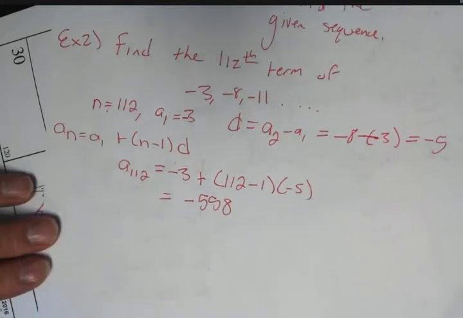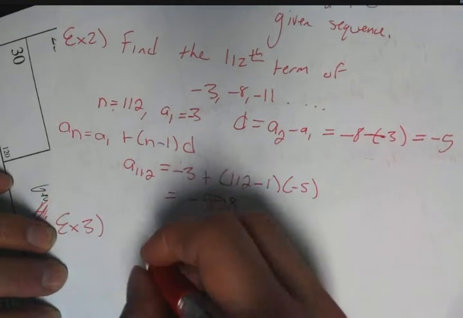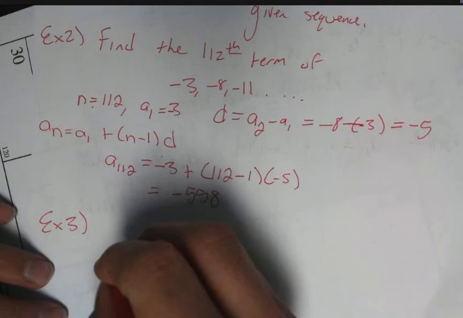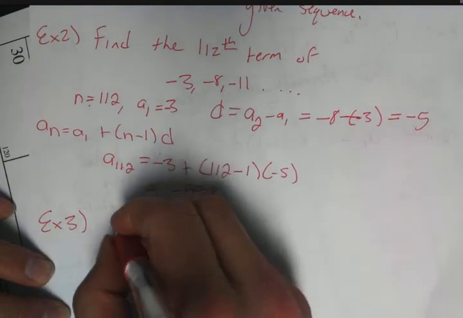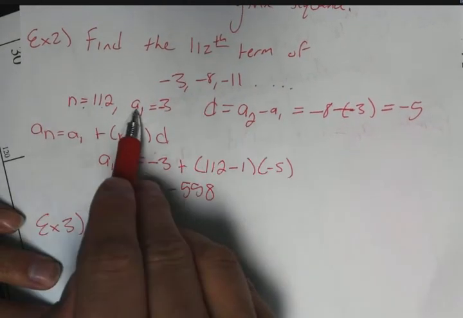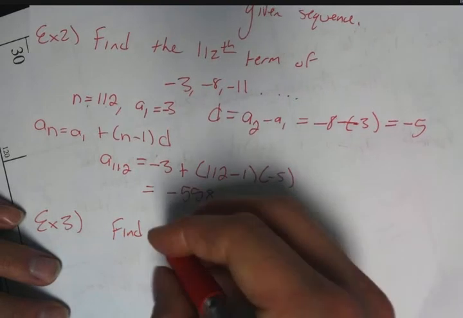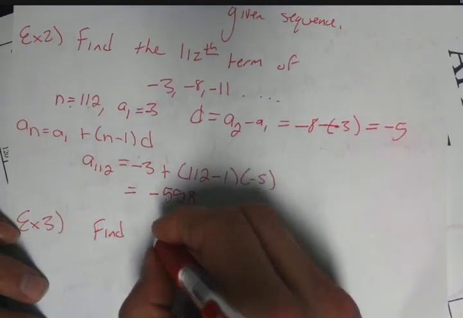Now, what I would like you to do is take this next example and figure out how to work it on your own. So keep in mind, this one's going to be a little bit different, but think about what each piece means, and you should be able to figure this out. If you have questions, I'll be happy to come by, and we'll see if we can figure it out together.